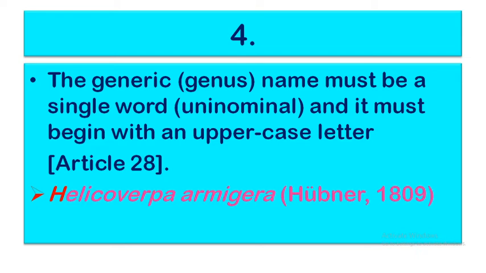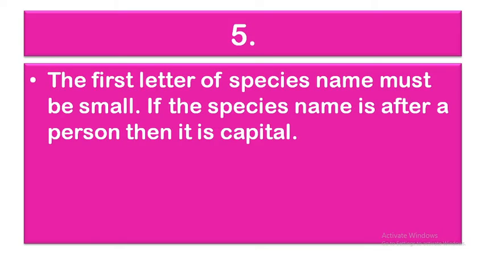In Helicoverpa the H is in uppercase, and in armigera, the a is in lowercase. The first letter of the species name must be small. If the species name is after a person, then it is capital.